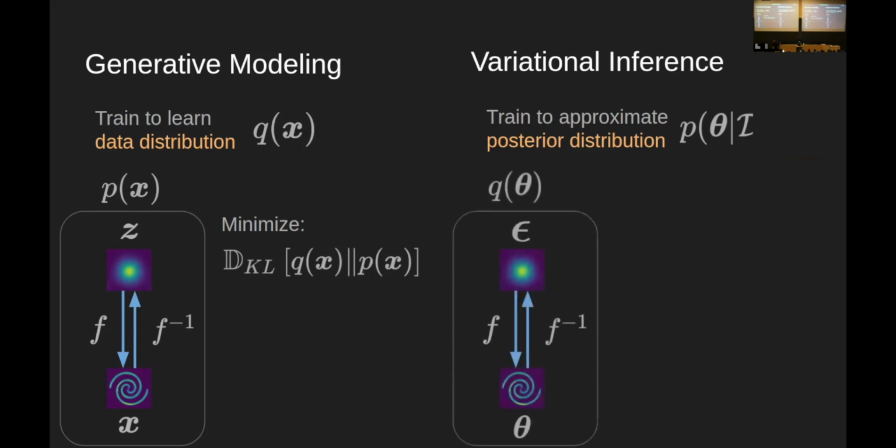So now we will have a flow like this. It's exactly the same logic, but now I've changed the notation, so it's epsilon up here. And then we generate some parameter configurations down here for our model. And now we will minimize the KL divergence the other way around.